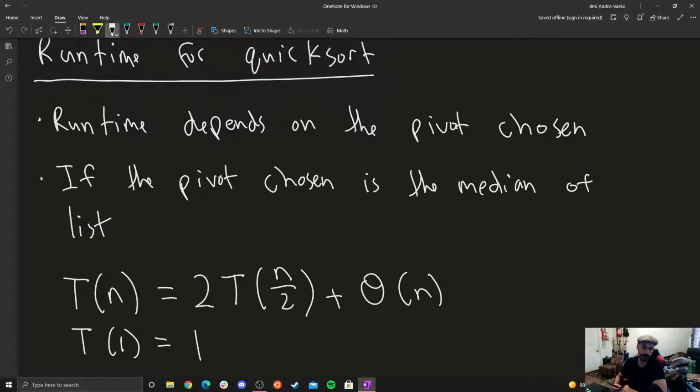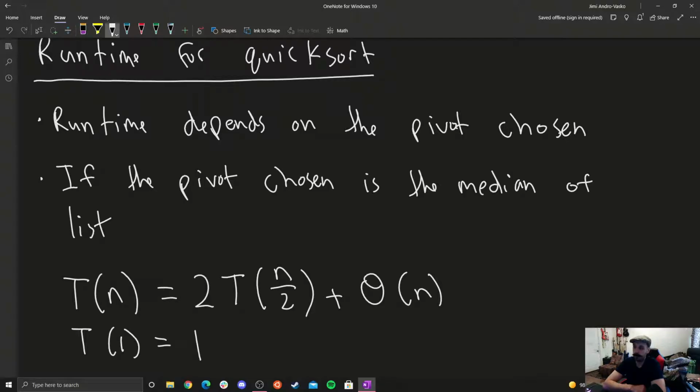So a size one list, of course, will be sorted. In this recurrence relation, the theta n part is the partitioning work you're doing. We already explained last time that partition does in fact take theta n, or a linear amount of time, to perform.